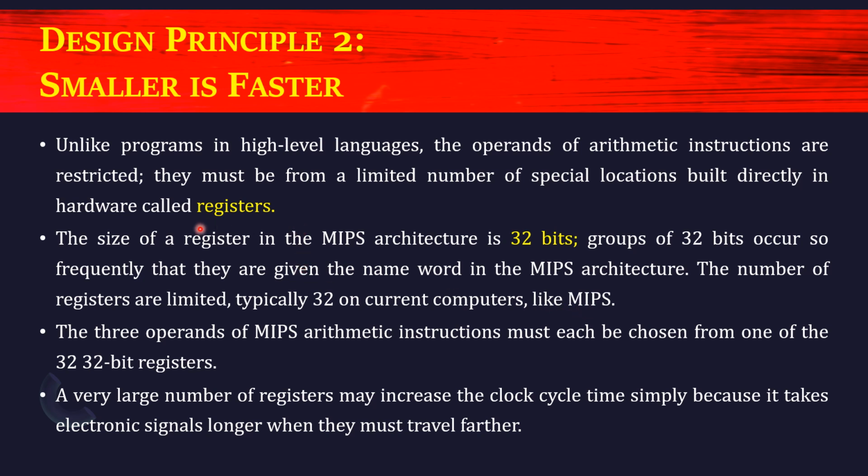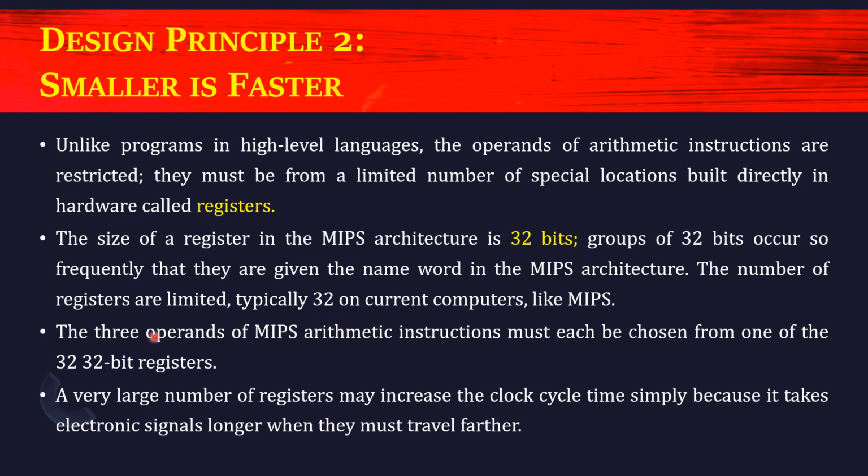So registers are the memory used for storing the operands of the arithmetic instructions. Usually the size of the register in the MIPS architecture is 32 bits, which we call a word, and the number of registers is also limited, usually 32 registers.